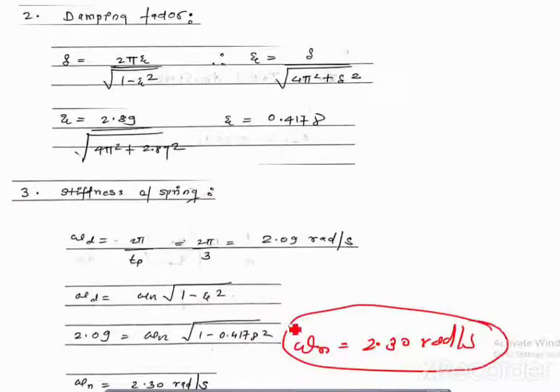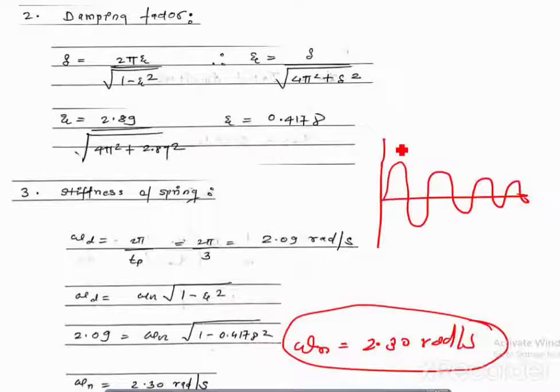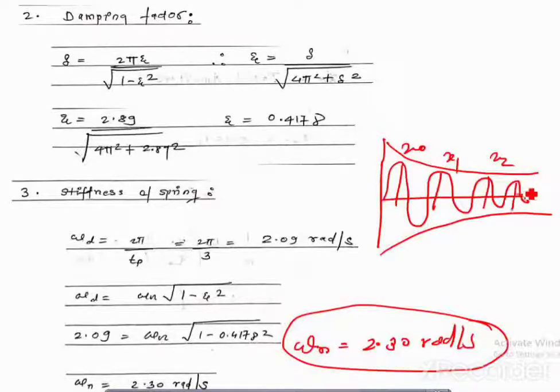Now you can see the difference here. I have already said that at the start the amplitudes are starting, and they decrease in an exponential manner if the system is stable. So this is x0, this is x1, this is x2, this is xn.